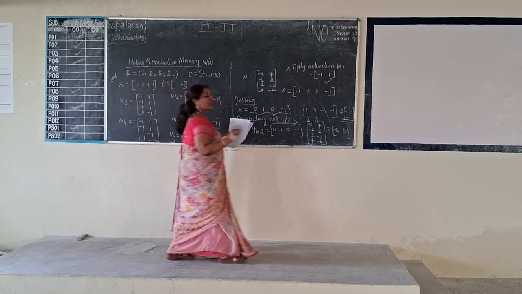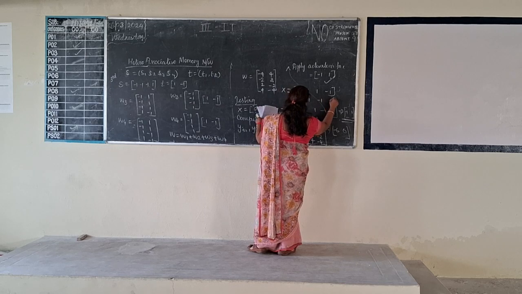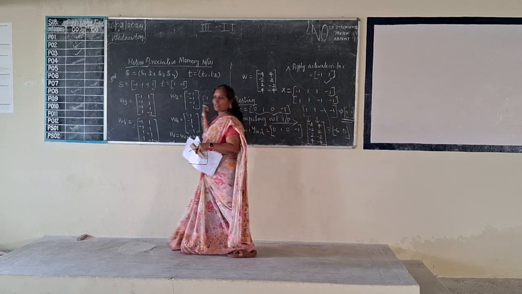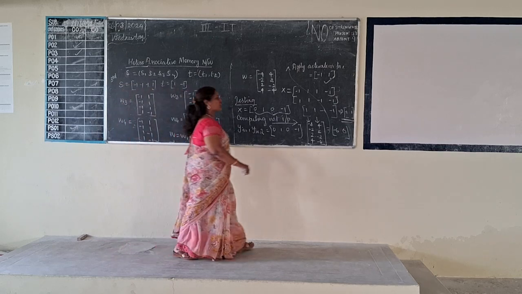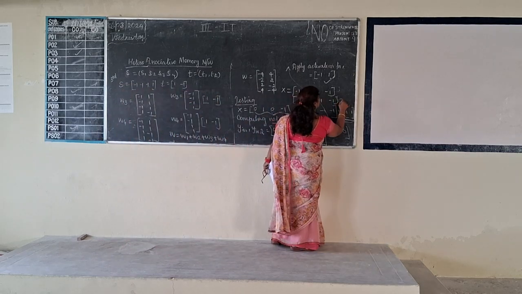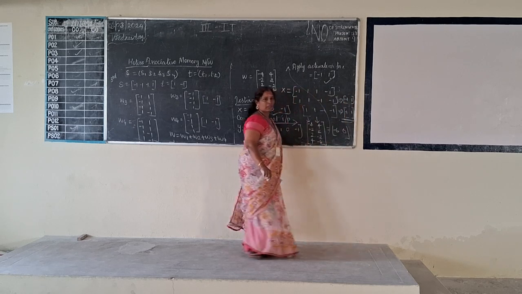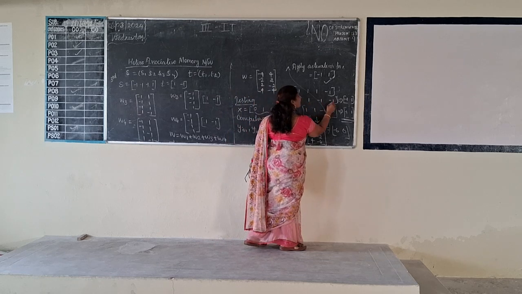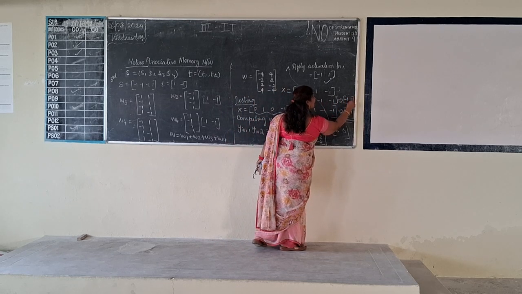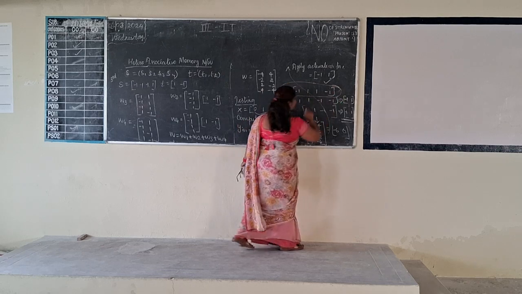So the actual input is 1, 1, minus 1, minus 1. What is the output for this? Minus 1, 1. Same one I have taken, right? I must get the output as minus 1, 1. But I am having input as this.